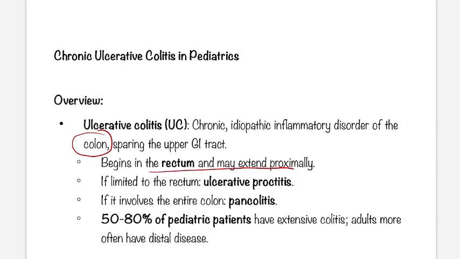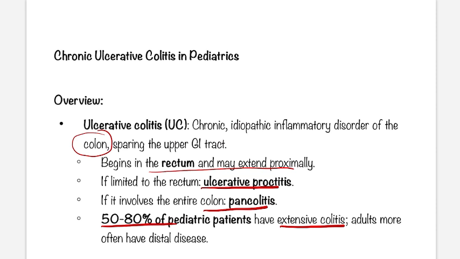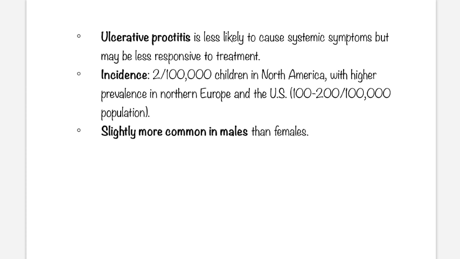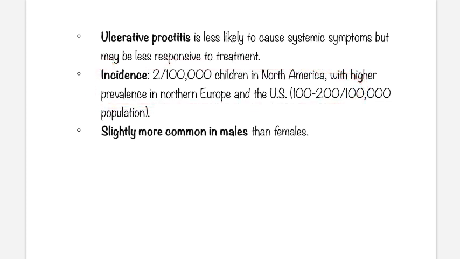If limited to the rectum only, it is ulcerative proctitis, and if it involves the entire colon, it is pancolitis. 50 to 80% of pediatric patients have extensive colitis. So just remember from this slide, ulcerative colitis is mainly colonic involvement and the rest of the GIT is generally spared. Extensive colitis is seen in ulcerative colitis, so ulcerative proctitis is less likely. Incidence we don't have to remember; it is slightly more common in males than females.